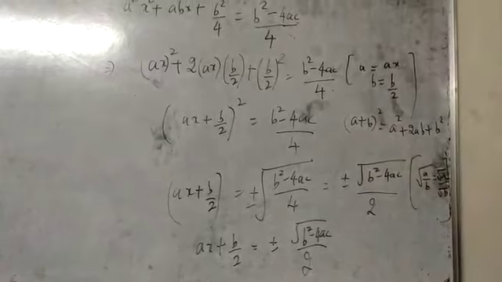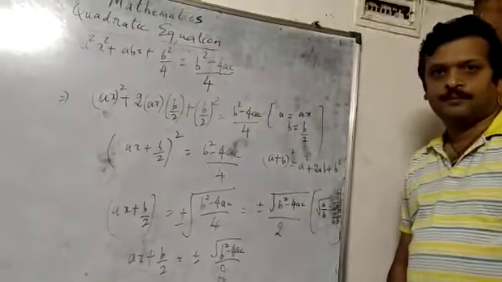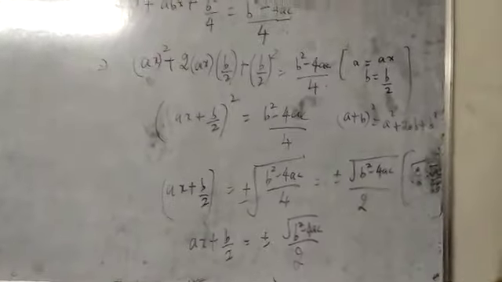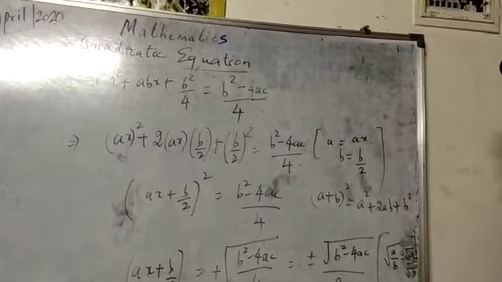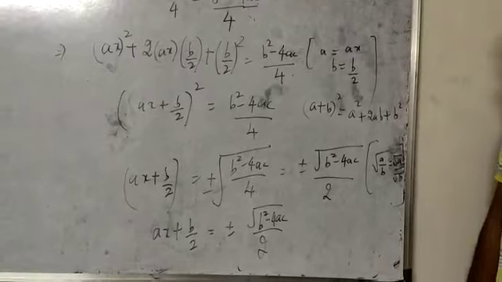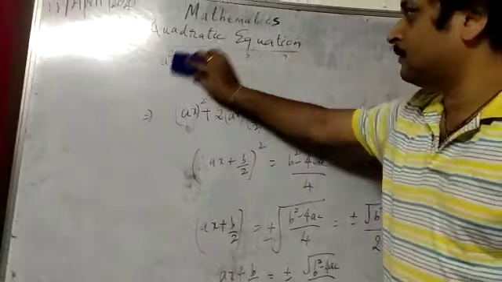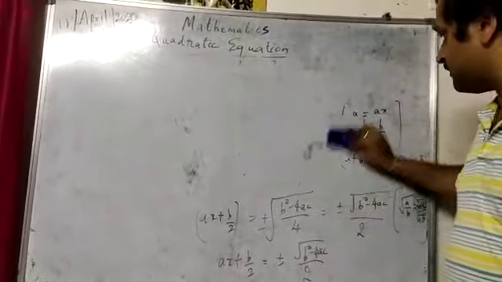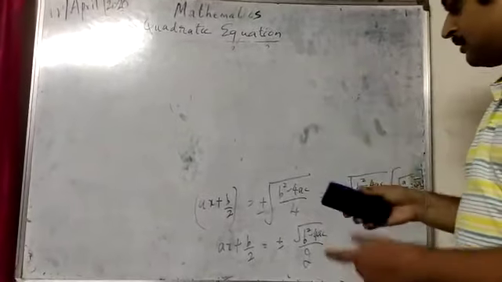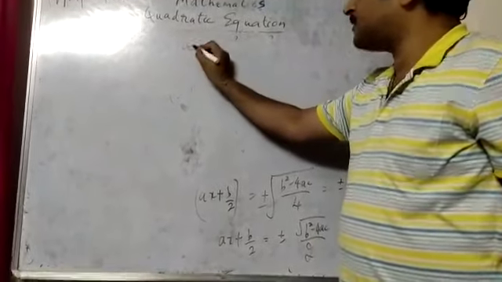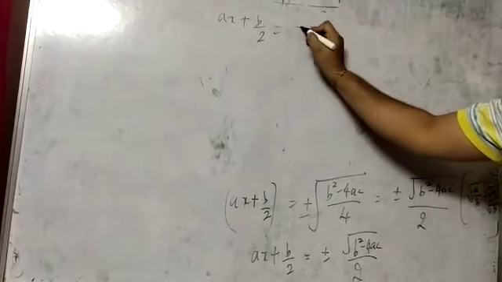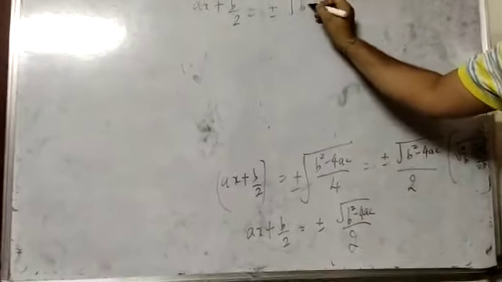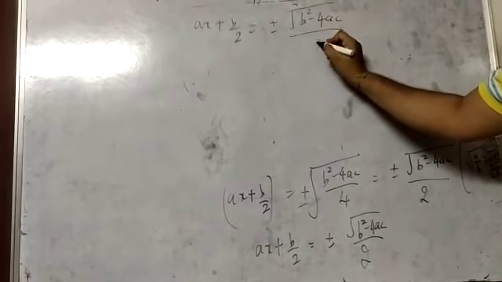Is that clear till here? Okay. Fine. Then I'll write the equation again: ax plus b by 2 equals plus or minus root of b squared minus 4ac by 2.